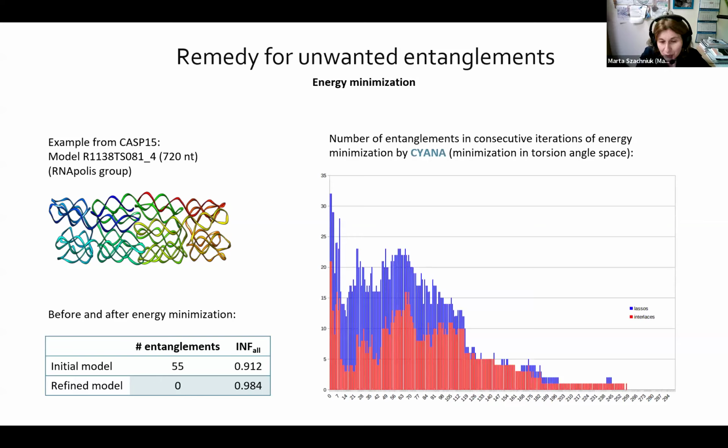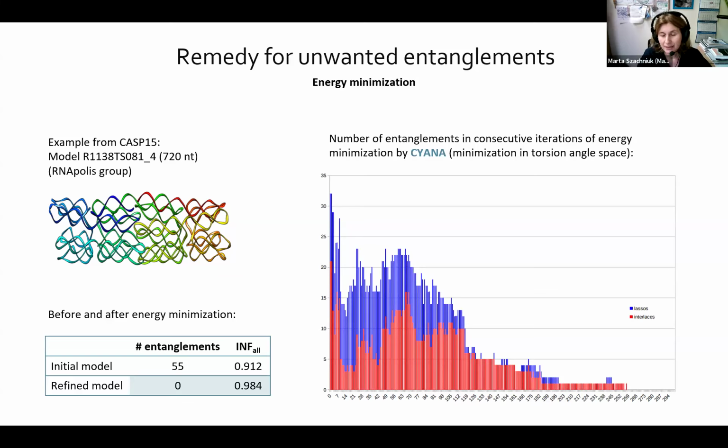And the energy minimization actually can remove a lot of entanglements, small, let's say, shallow entanglements, shallow lassos, and also very tight links that were generated by the predictive model. Here, what you can see in this figure is the analysis we did for one of the models generated by RNA Composer.